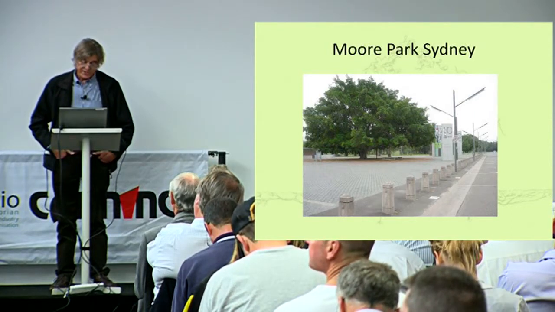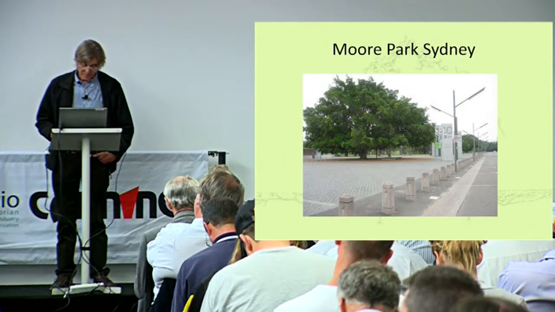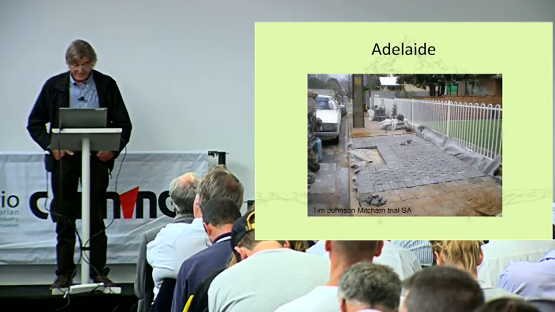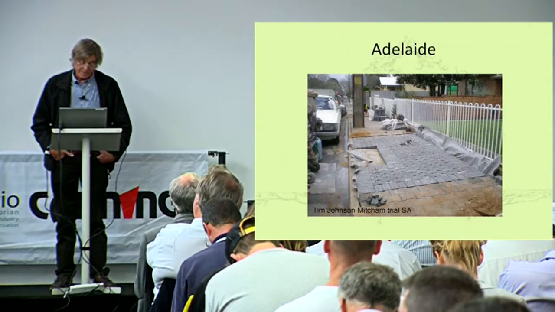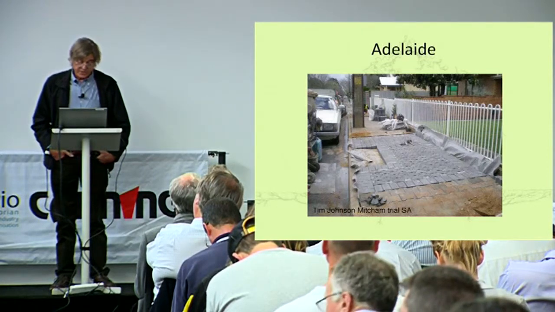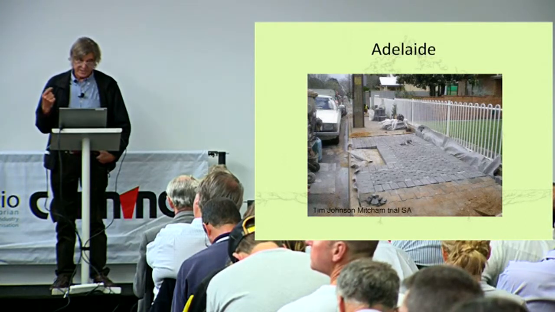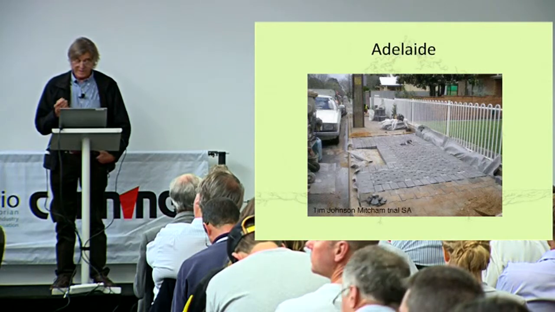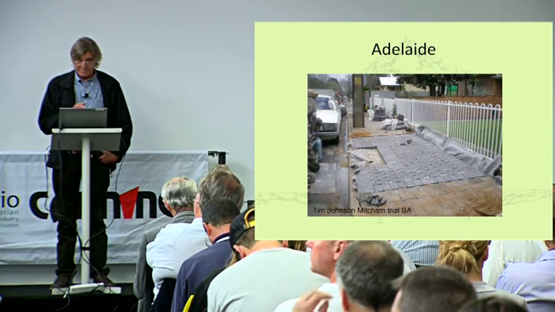Some examples: Moore Park in Sydney, around some old fig trees, the Eco-Trihex pavers. Adelaide, Tim Johnson, I don't know if you've seen his work at various conferences. As part of his PhD research, he's planting trees in porous paving settings and monitoring how that affects their root growth, and also what the impacts are on the infrastructure on the curbs.